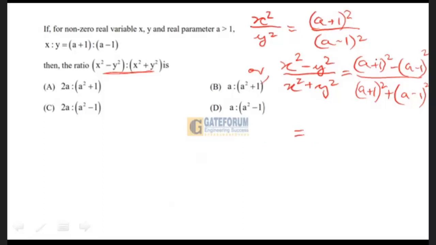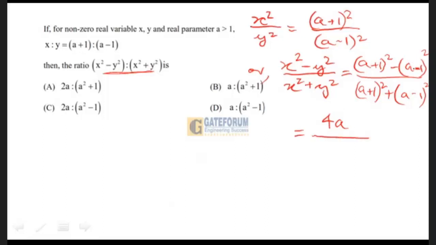Now, we know that a plus 1 whole square, and from it if you subtract a minus 1 whole square, what we will get is 2a plus 2a, that is equal to 4a. A square and a square will cancel, and 1 and minus 1 will cancel.